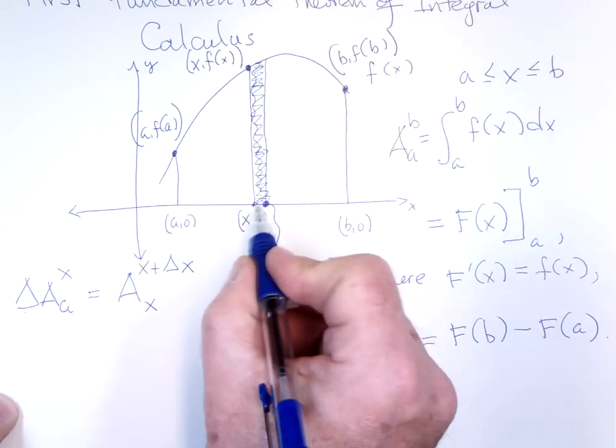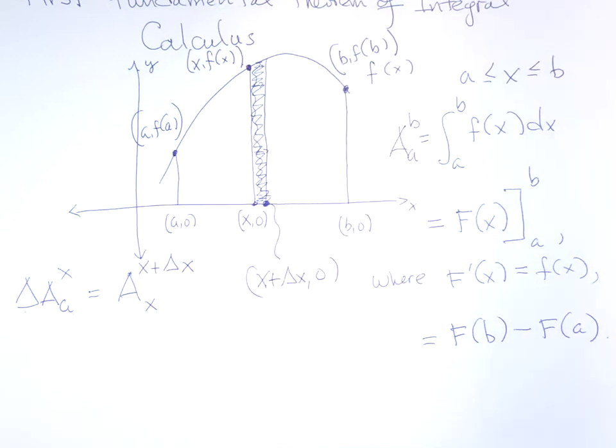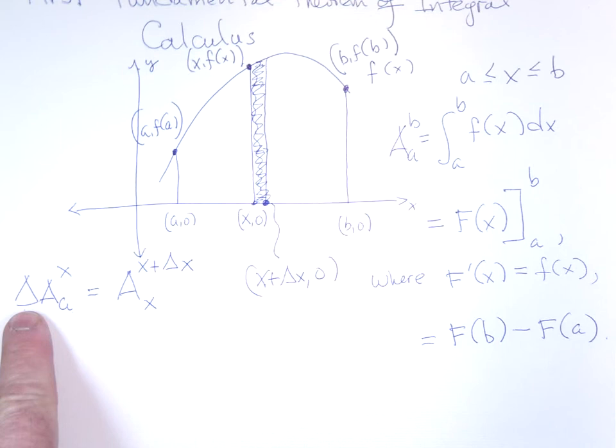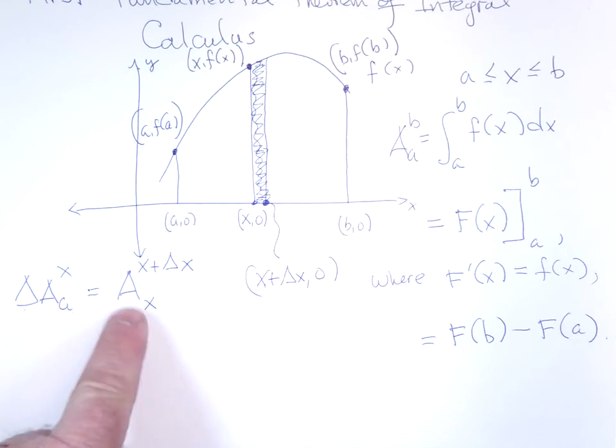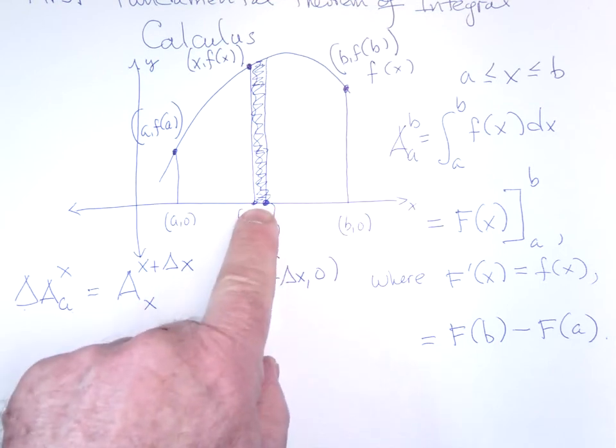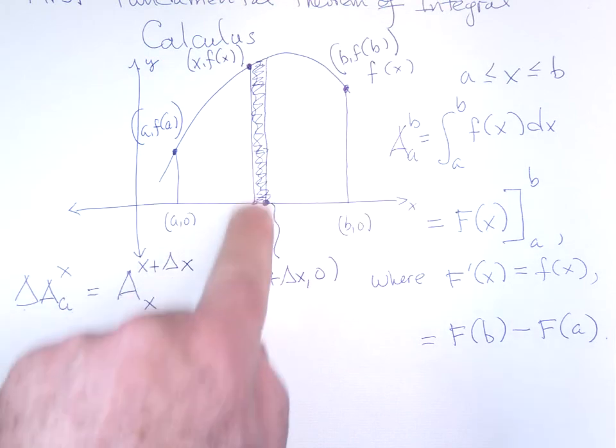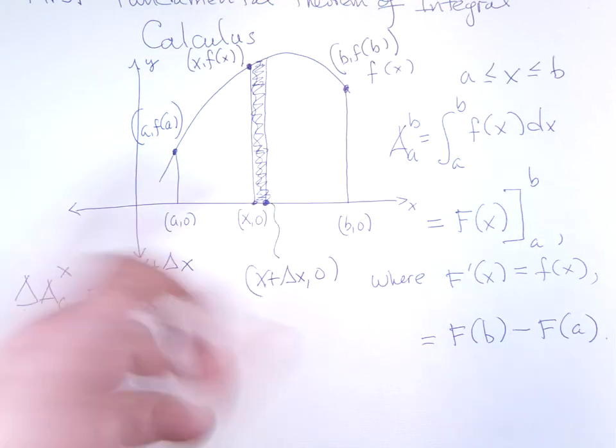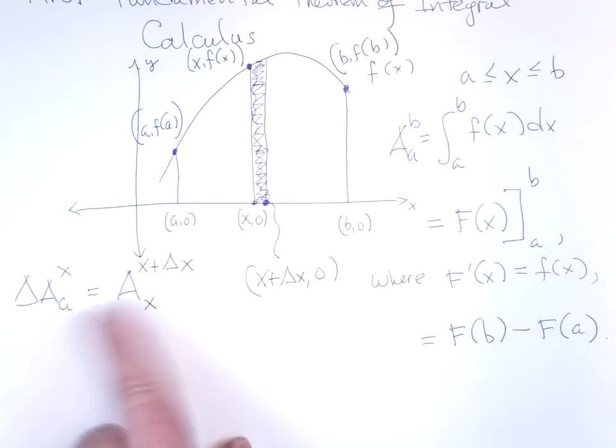Does that make some sense? I'm saying when I move x out a little bit, I'm going to change the area. How much will I change this area? Well, I'm going to change it by whatever this area is in this little rectangle right in here. So the change is equal to whatever area this is.